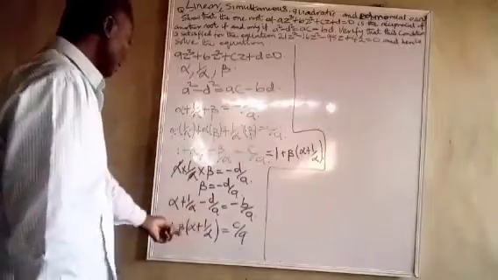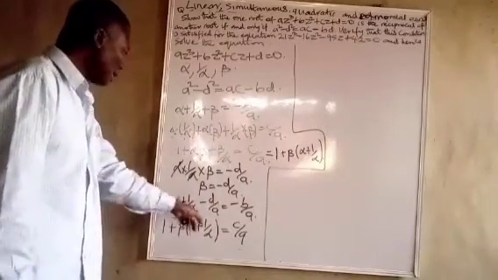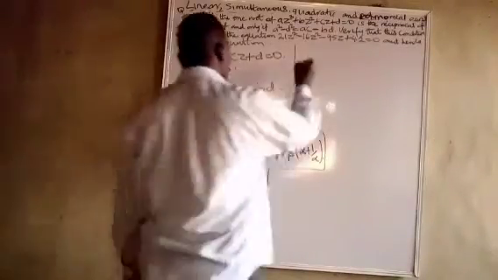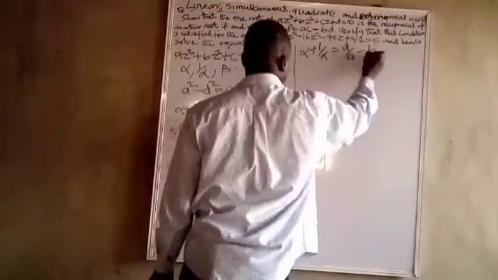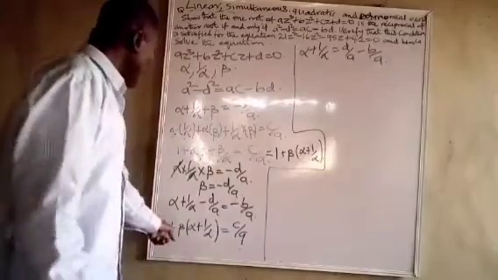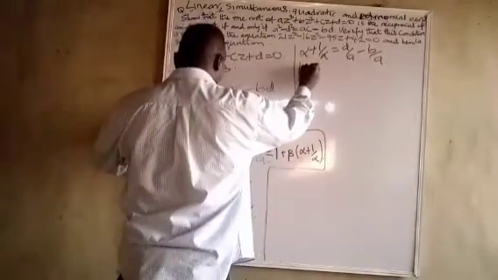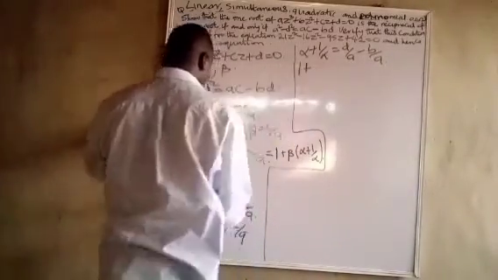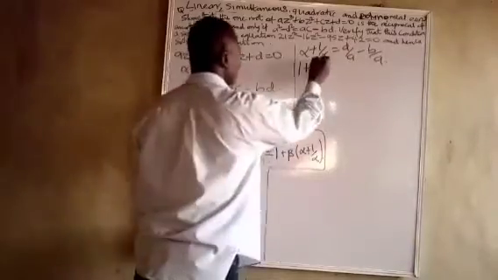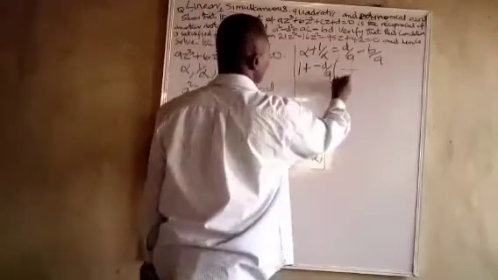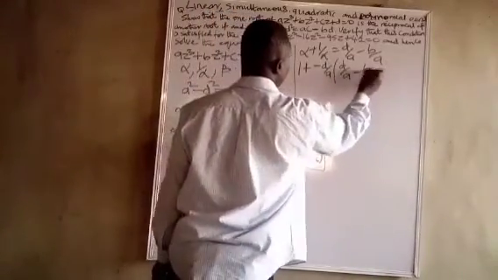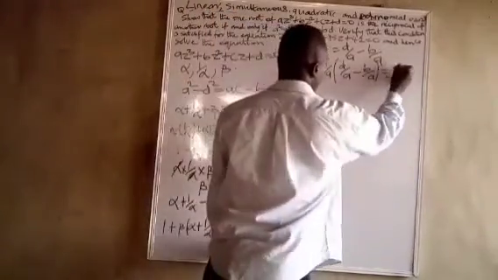Now, I'm trying to establish something here. Alpha plus 1 over alpha is equal to d over a minus b over a. You can see that. And here now, I can also say that 1 plus minus d over a into d over a minus b over a is equal to c over a.